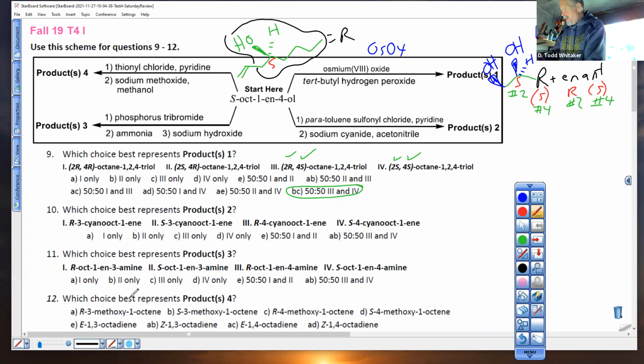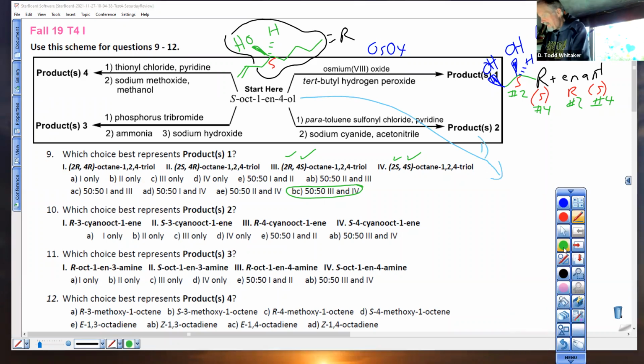So in this one, let's go with baby blue. Step 1 going down here generates this species here. And it's still a wedge O. And we don't have to show the TS drawn out. And you get that.